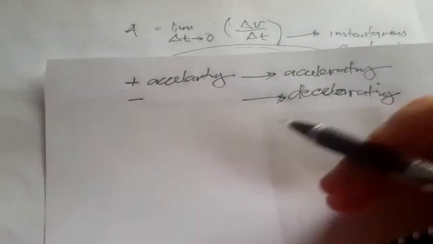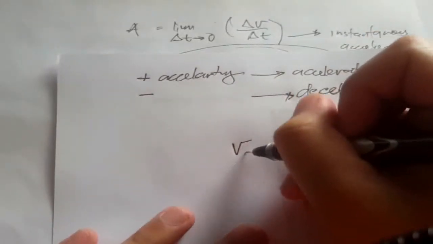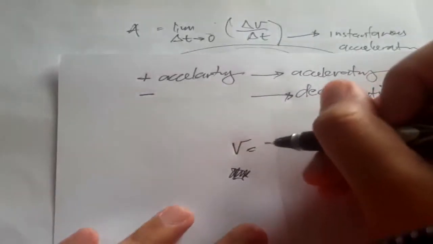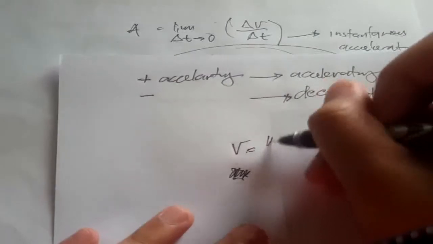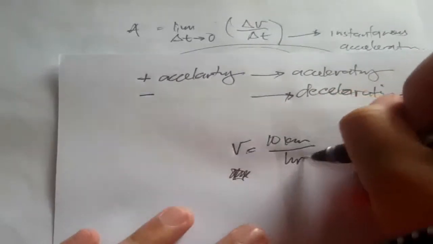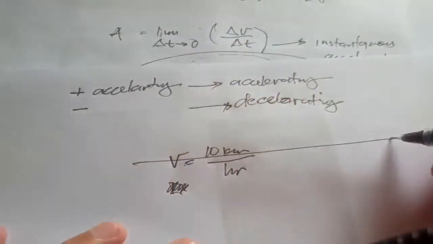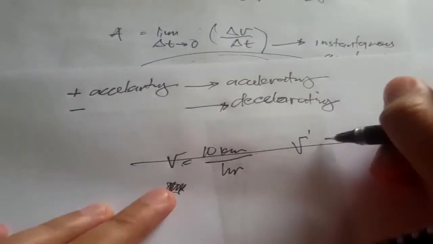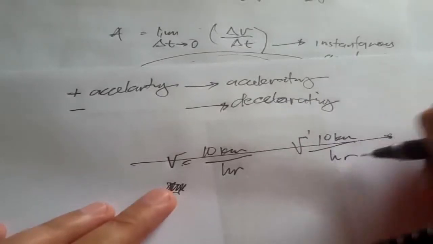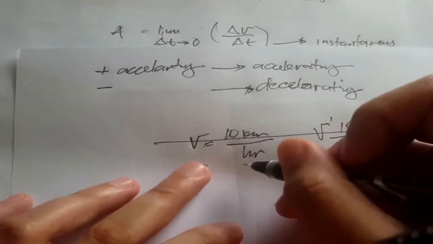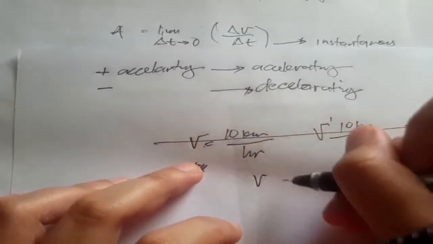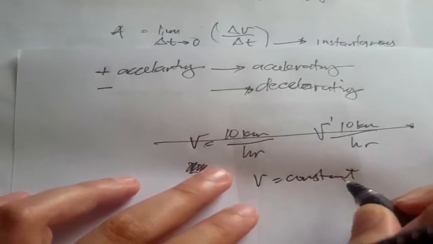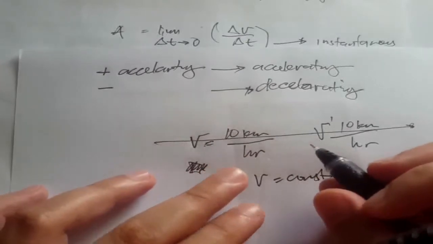But when the velocity is constant, for example, at your initial point the particle is moving at 10 km/h, and while it is moving along the straight line, it maintains its velocity of 10 km/h. So we say here that the velocity is constant, meaning it doesn't have a change in velocity.